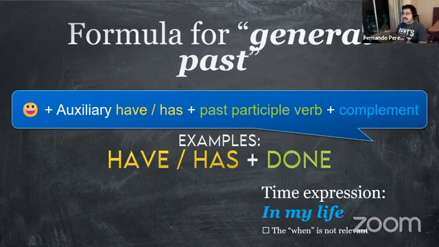I arrived to Mexico City in 2017. This is a specific past. General past. I have lived in Mexico City. I have lived in Querétaro. I have lived in San Juan del Rio. I have lived in Monterrey, etc. When is not relevant is general past.